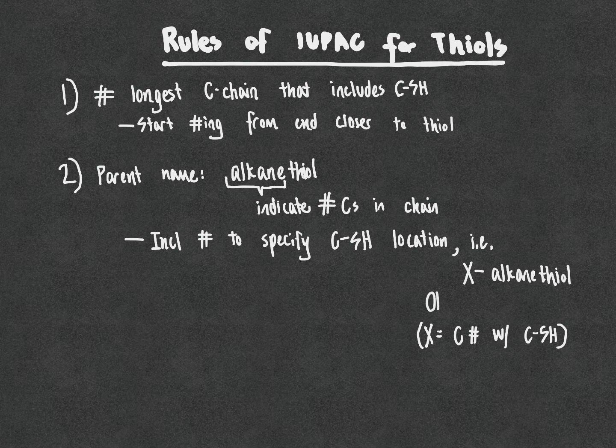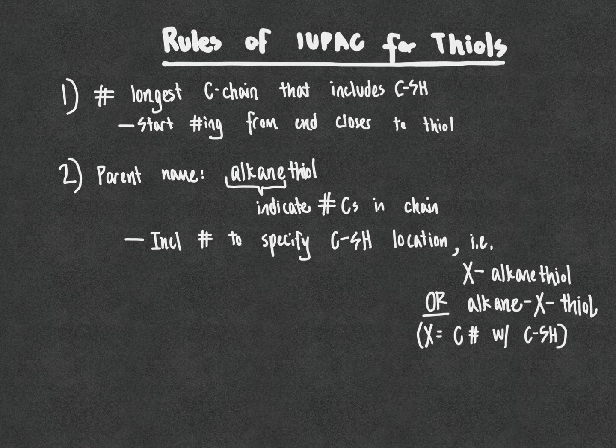Alternatively, and equally well, we could put the term of the alkane, such as pentane, put a dash, X representing the numerical location of the thiol group, and then write the term thiol. Either of these are acceptable. I will let you know that in the most recent IUPAC rules, this second way of presenting the information is preferred, but you will see the information presented in both of these ways, and both are valid for purposes of IUPAC nomenclature in this class.